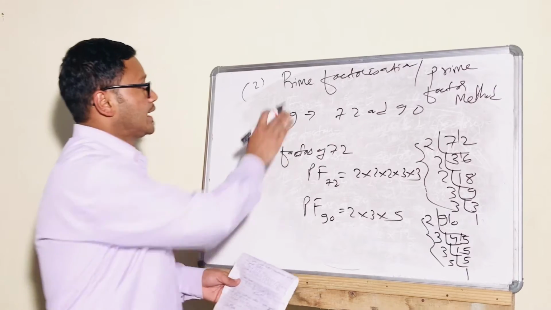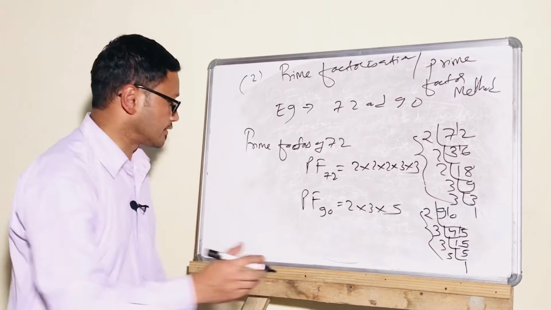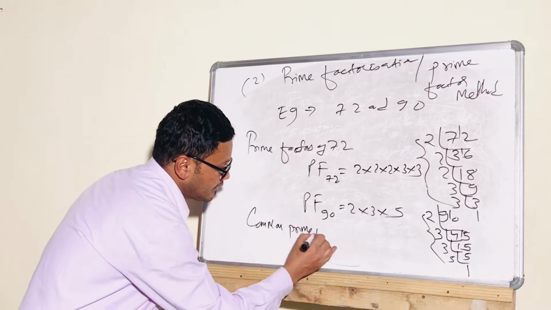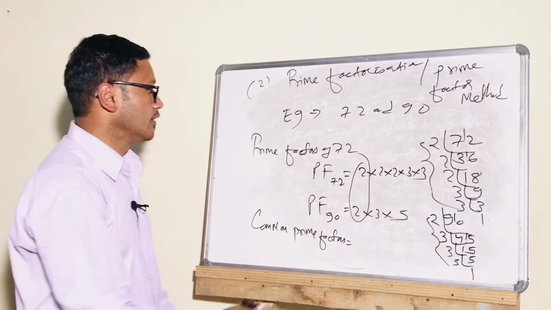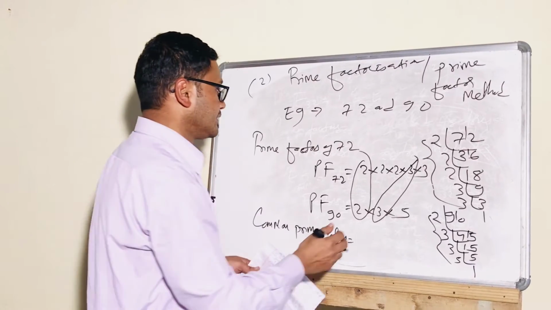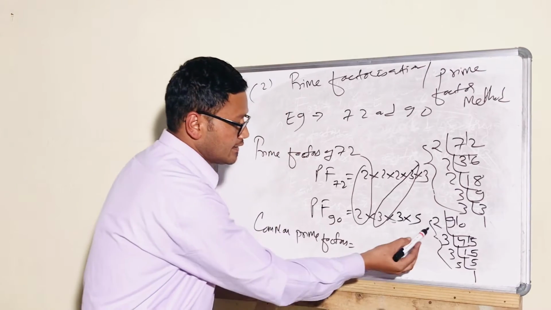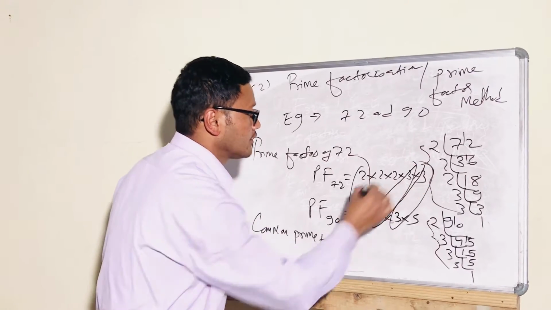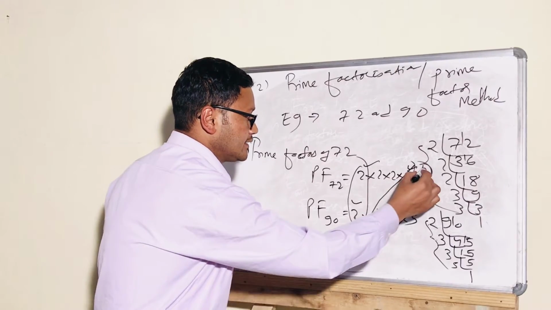Now in the prime factor method we find the common prime factors. For 72 we have 2 into 2 into 2, then 3 into 3, and for 90 we have 2, 3, 3 and 5. 2 is common and 3 is common, again 3 is common.